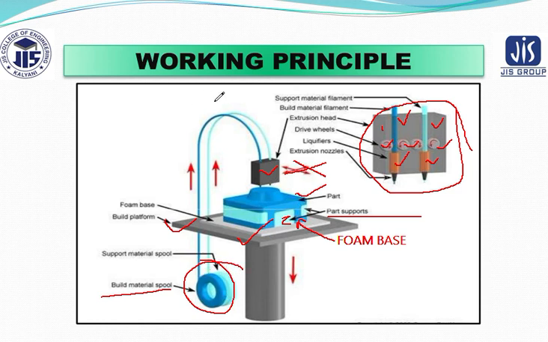You are getting the filament which is ejected with the help of the extrusion head, and there is one support material spool also, and another is a build material spool. So I hope from this particular figure all of you are clear about how the entire process occurs. Now let's move to the next slide.